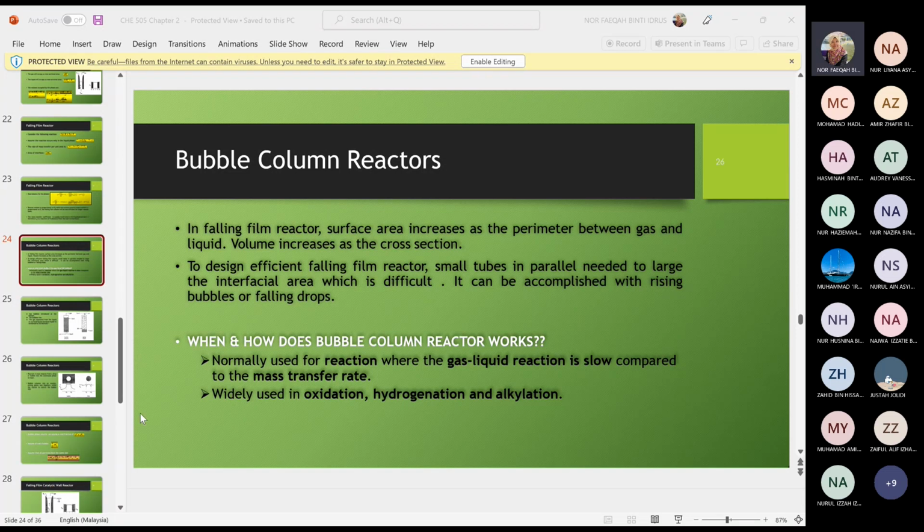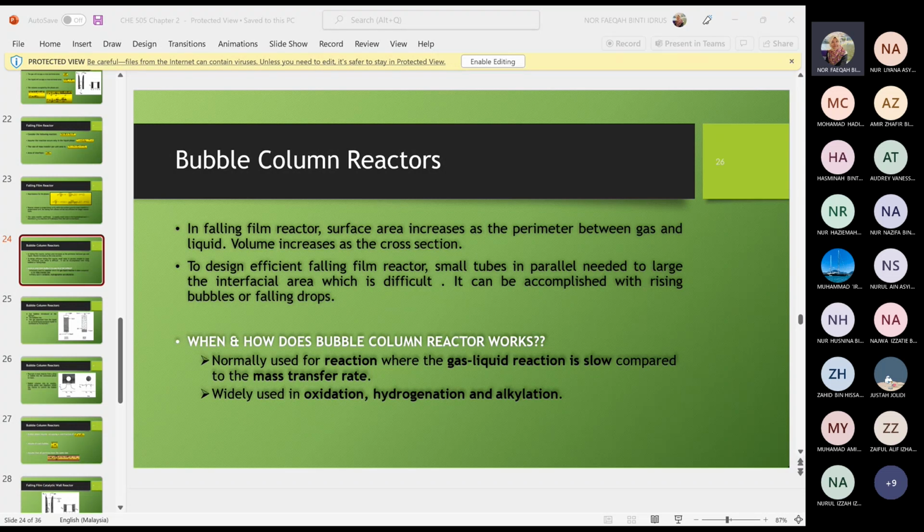Okay, so when and how does a bubble column reactor work? Normally it is used for reactions where the gas-liquid reaction is slow compared to the mass transfer rate. So the purpose of this bubble column is to increase the mass transfer between gas and liquid.